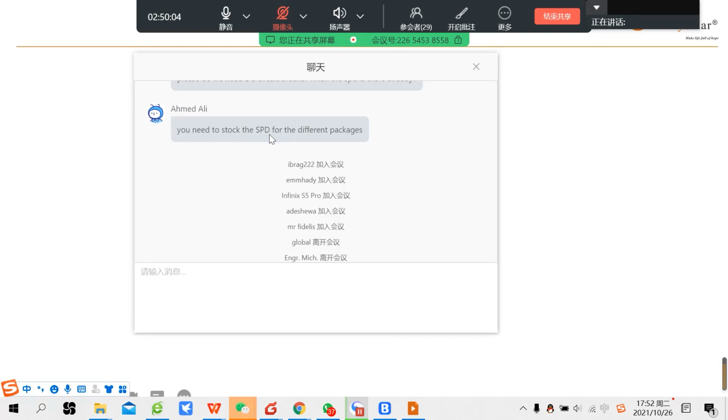Stock the SPD in different packages. Okay, I will advise them. But we also supply the AC SPD. I don't know how many people know that we supply the AC SPD also.